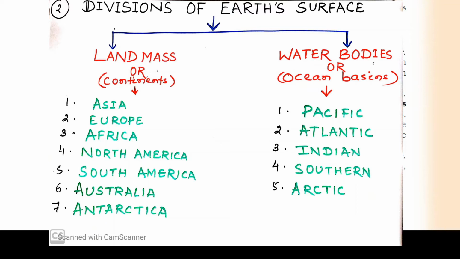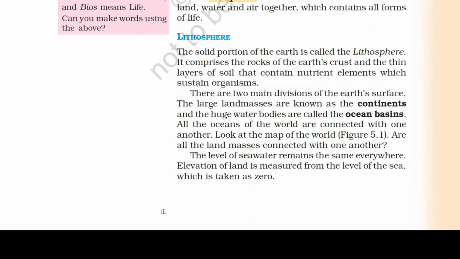All the oceans of the world are connected with one another. You can find this in the world map as given in figure 5.1.